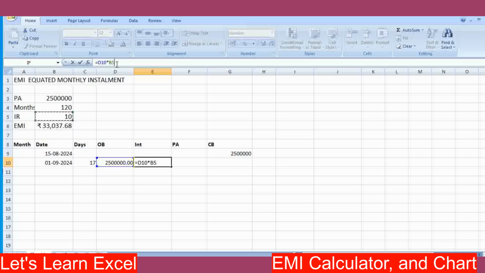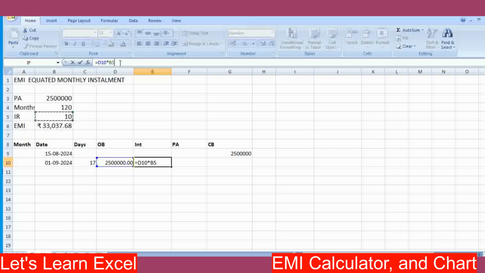But now if we copy this formula down the line up to 120 months, this B5 will become B6, B7, B8, B9, B10, which we do not want. For any further calculation we have to take this figure only stored in this B5.